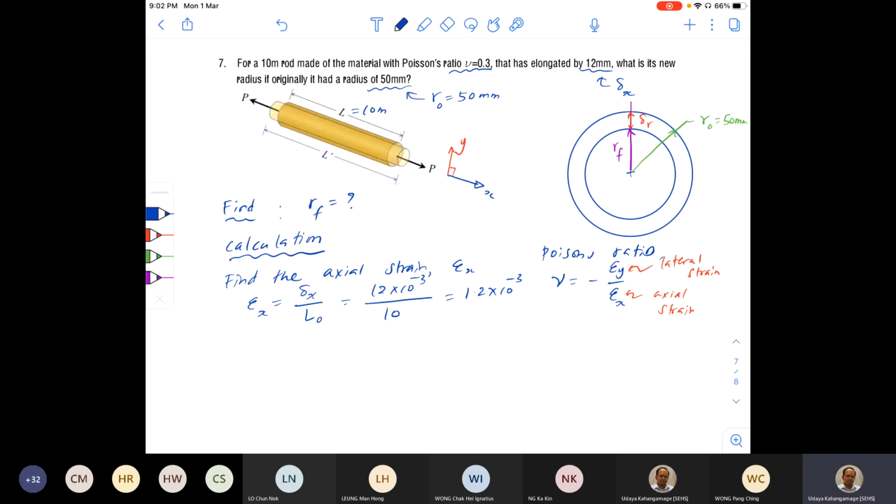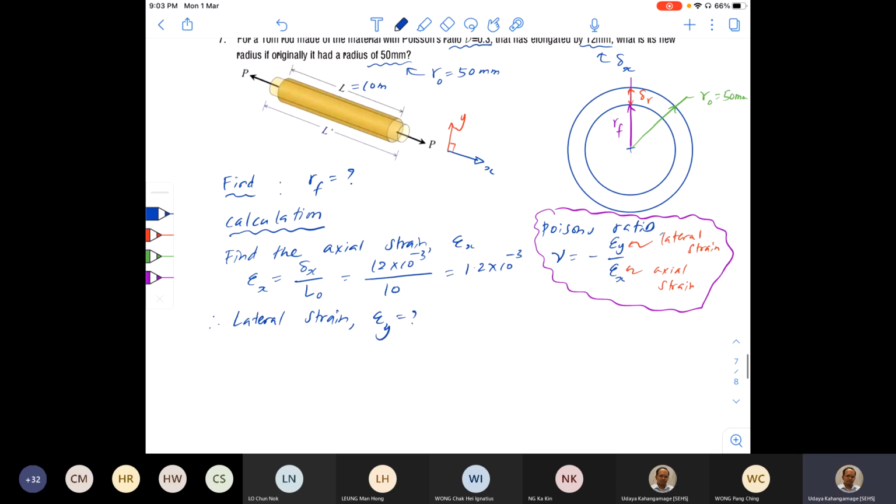Okay, now let's use the definition for Poisson's ratio to find the lateral strain epsilon y.